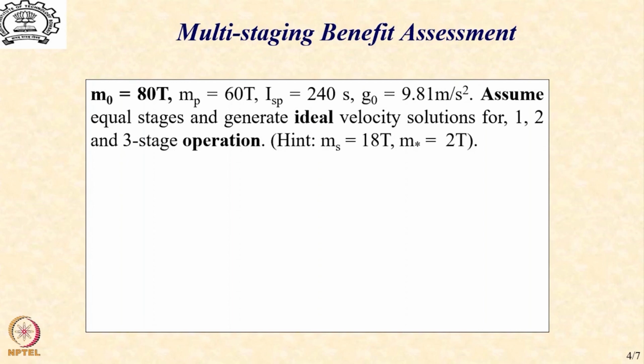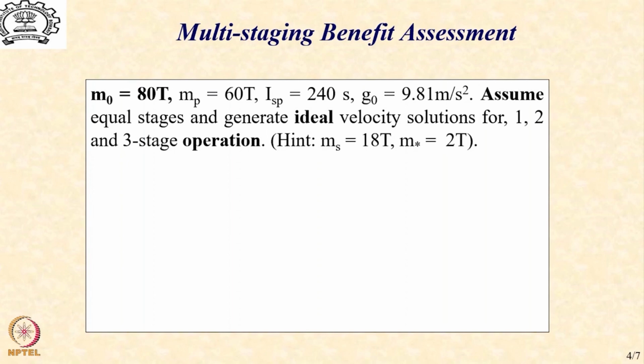So here, let us make certain assumptions. Let us assume that I am going to divide the rocket equally, which means if I divide the rocket into two segments, each segment will contain 30 tons of propellant and 9 tons of inert mass.